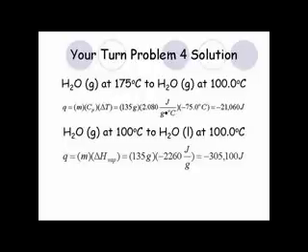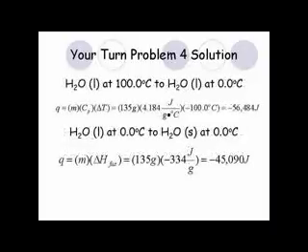The negative sign here because we're condensing the steam by removing heat from it. When we do this, we get a value of negative 305,100 joules. Again, look at the tremendous amount of heat that's involved in a phase change between a gas and a liquid.